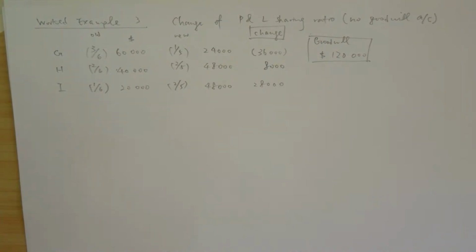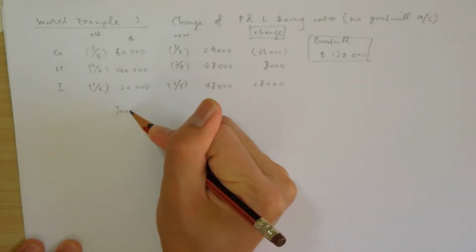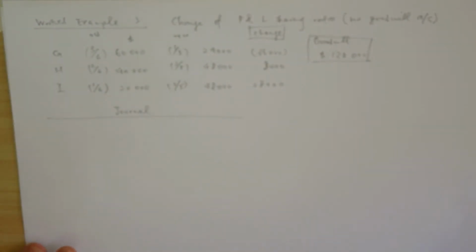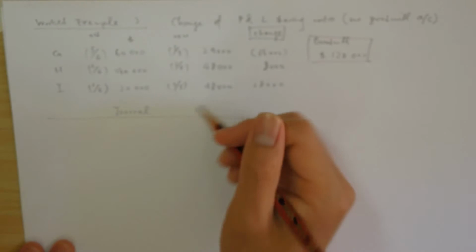It means that G suffers a loss in the goodwill sharing. Therefore, H and I need to compensate for G's losses. Therefore, you have the following journal entry.